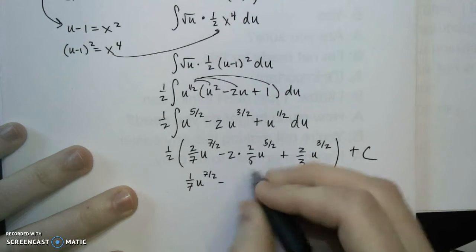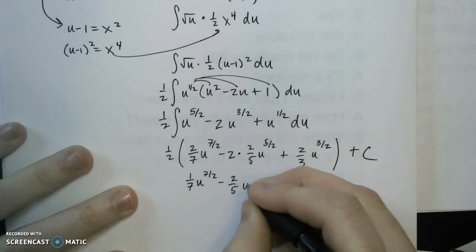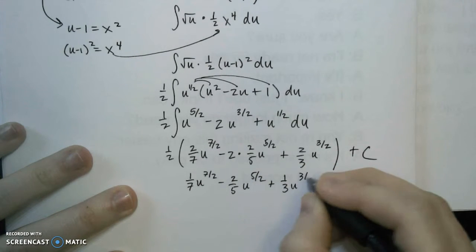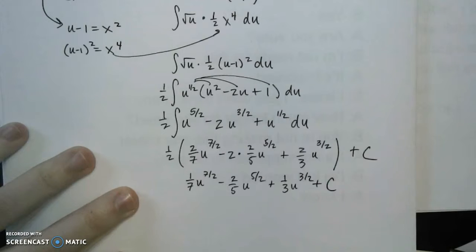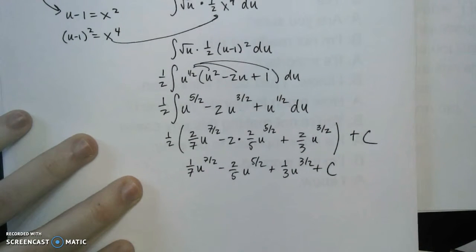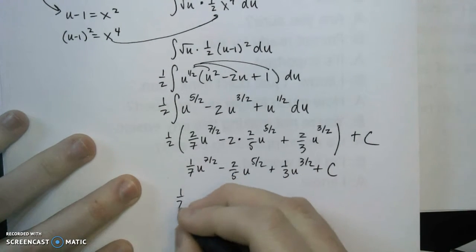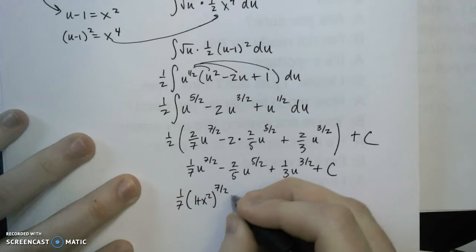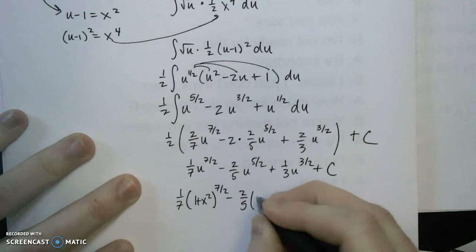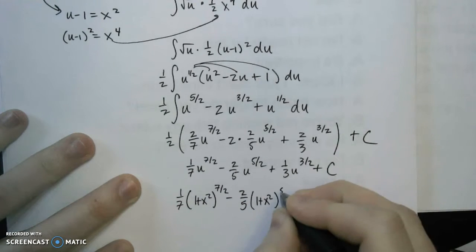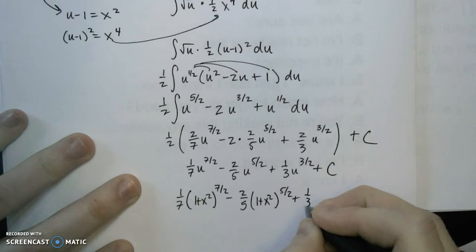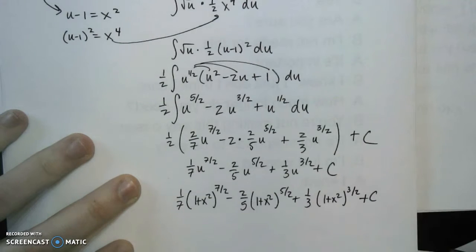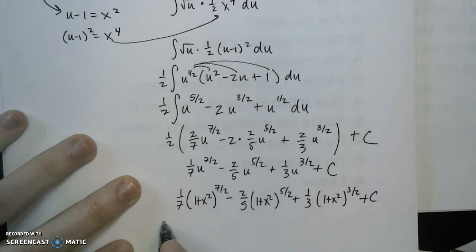That'll give me 2/5 and 1/3. So that is my integration with u, and then I need to fill u back in. And that is your answer.